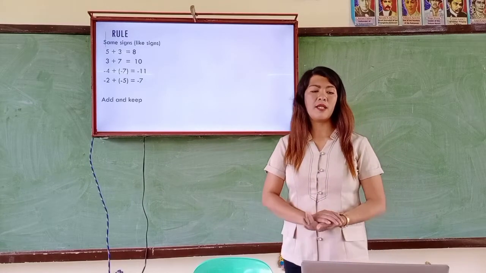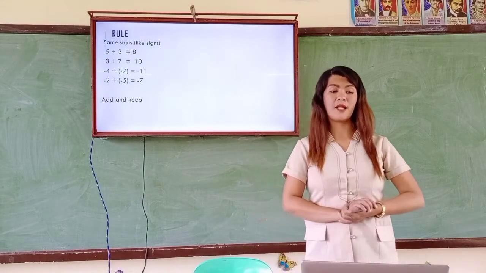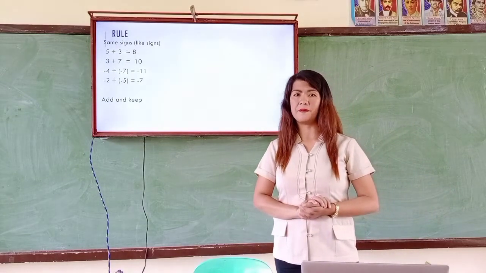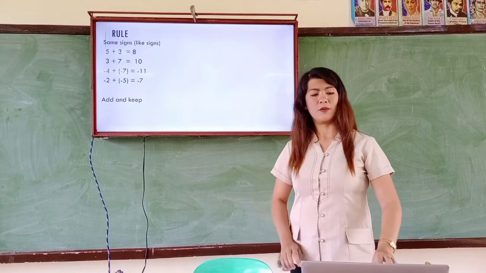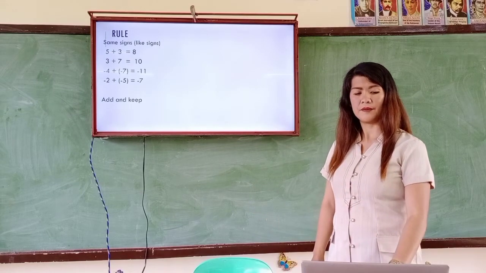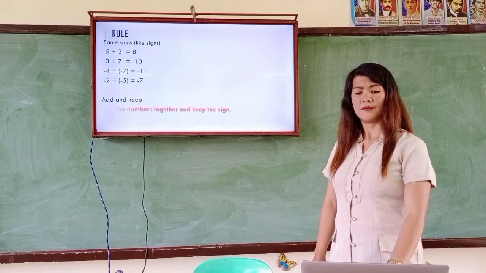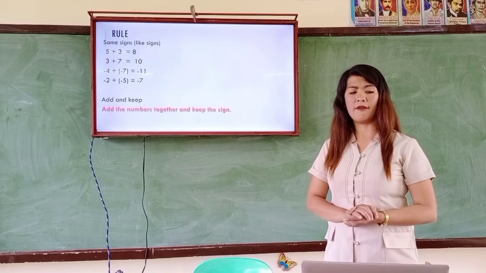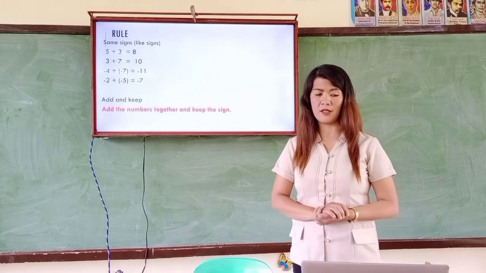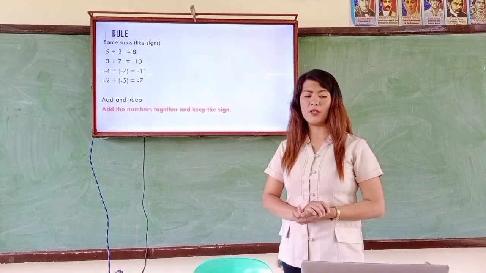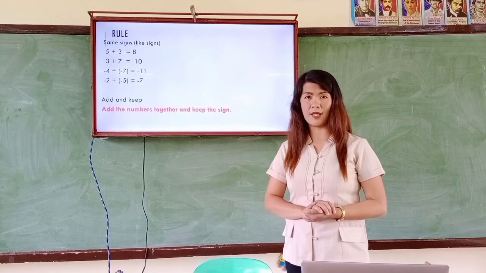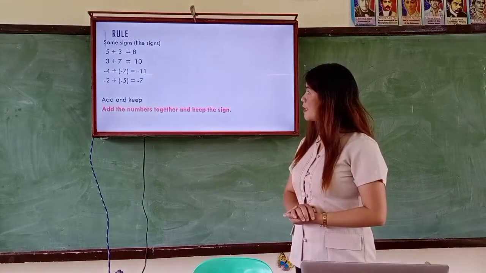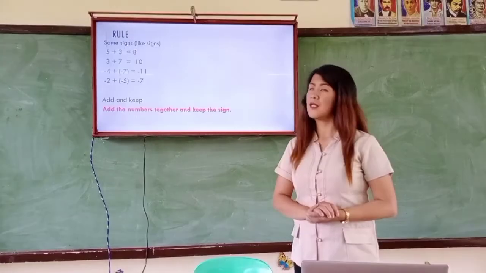So in adding integers with the same sign or like sign, remember the words add and keep. Add and keep. What do I mean? If the integers have the same signs, add the numbers together and keep the common sign. So the first example, we have positive 5 plus 3, all positive.